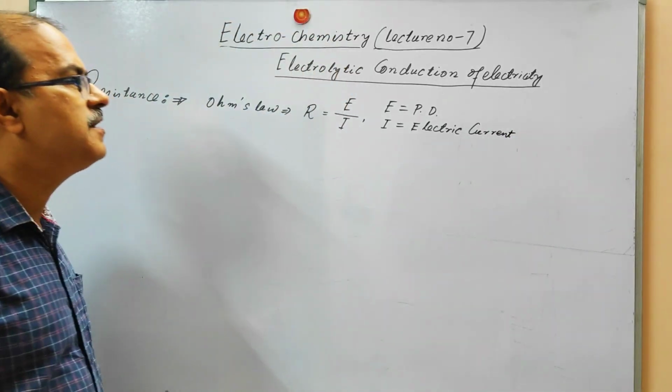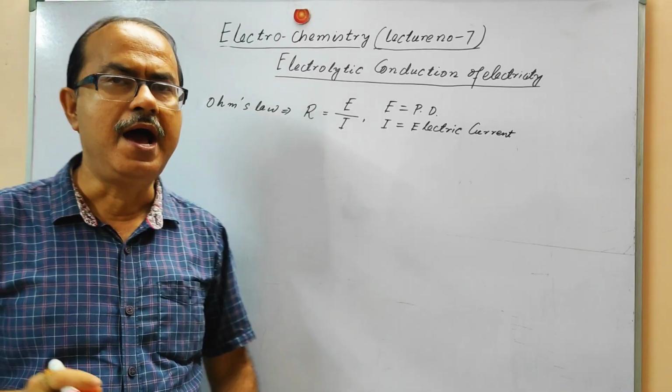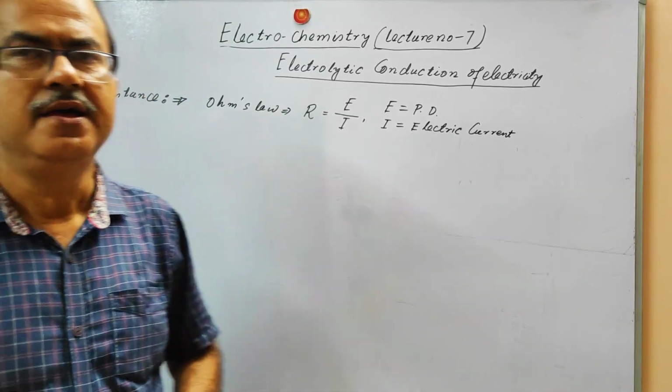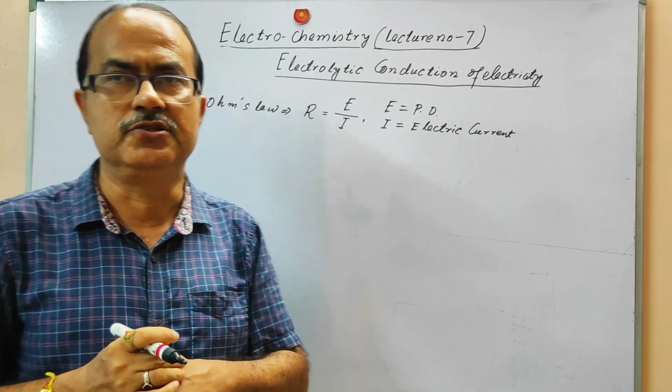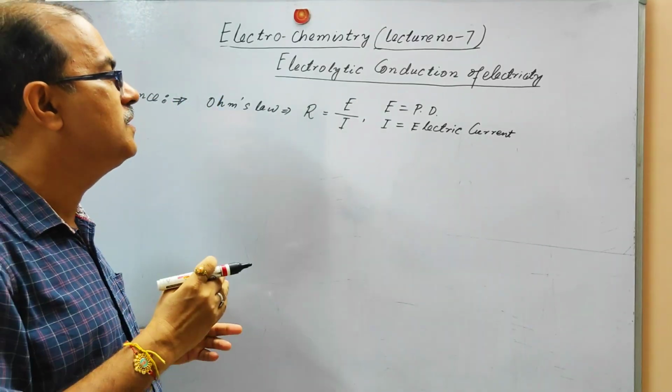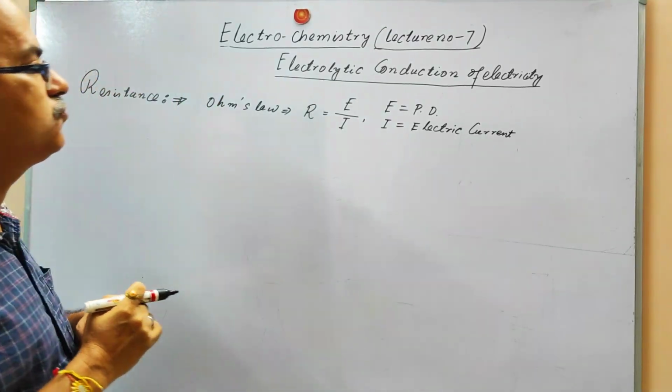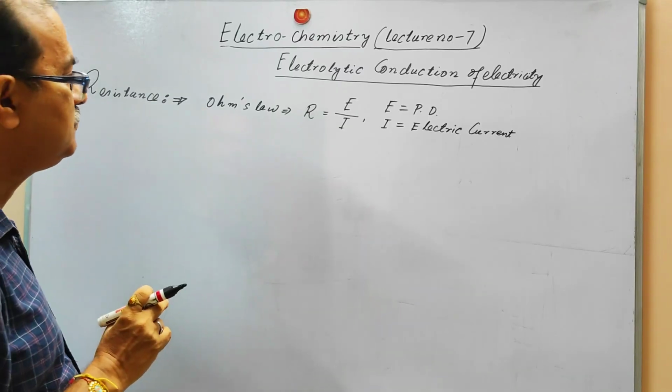So I is the electric current and E is the potential difference, and R is the resistance, the ratio of the potential difference to the electric current flowing through the conductor.